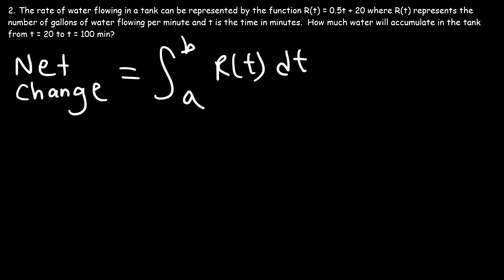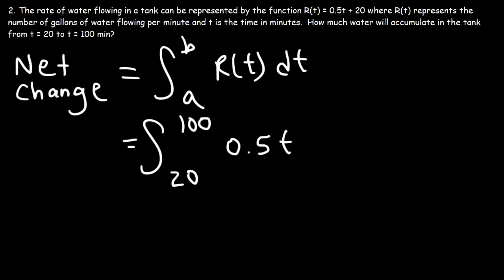So going back to this problem, to calculate how much water will accumulate in the tank in those 80 minutes, we can see that a is 20, that's the lower limit. b is 100. R of t is 0.5t plus 20. So let's go ahead and find the antiderivative of 0.5t and 20.